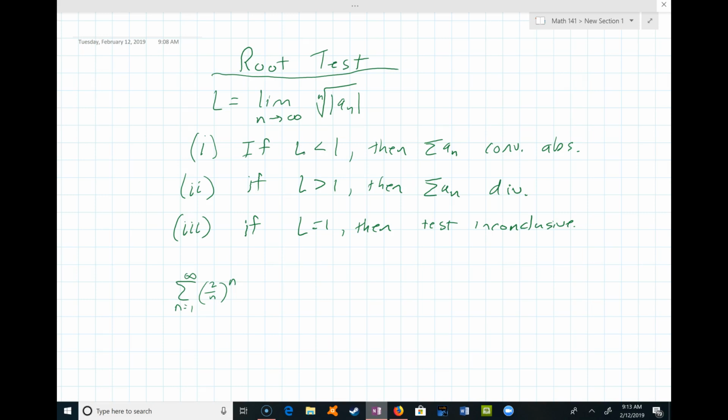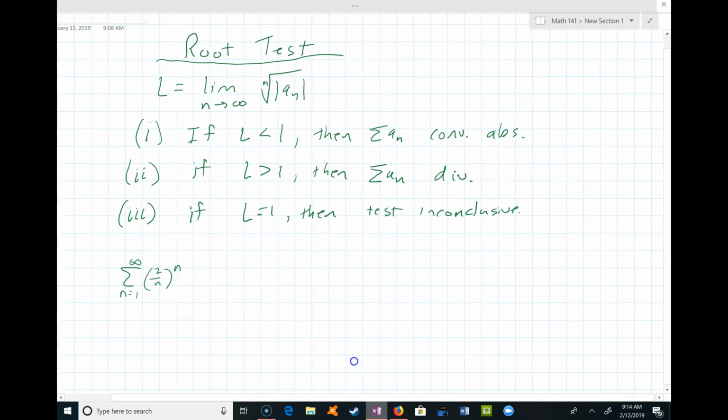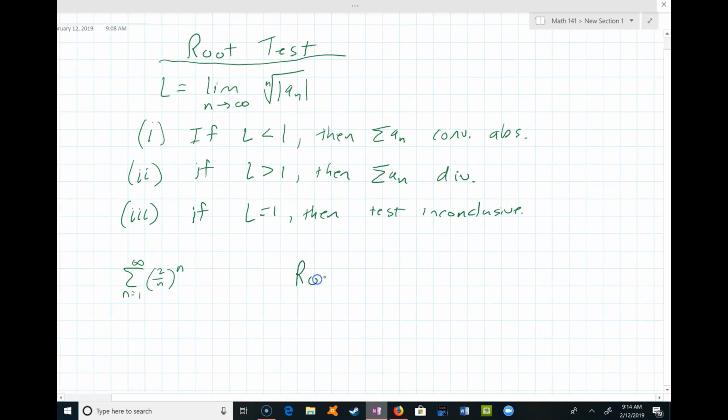So here's an example. If we're going to apply the root test to this, I'm going to use the root test, and that means I need to take the limit as n approaches infinity of the absolute value of (2 over n) to the nth power. And then we take the nth root of that.